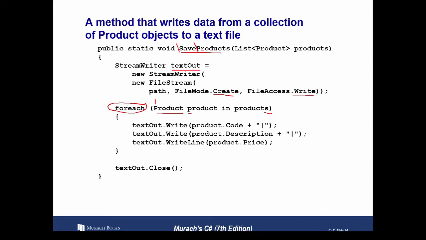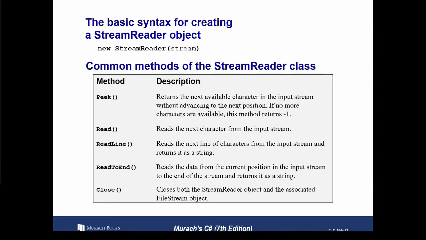We're using the file stream class to make this text out object, and you can see we're cycling through that. This is a good slide to know or refer to for the code, because we will be implementing something very similar to this particular page.